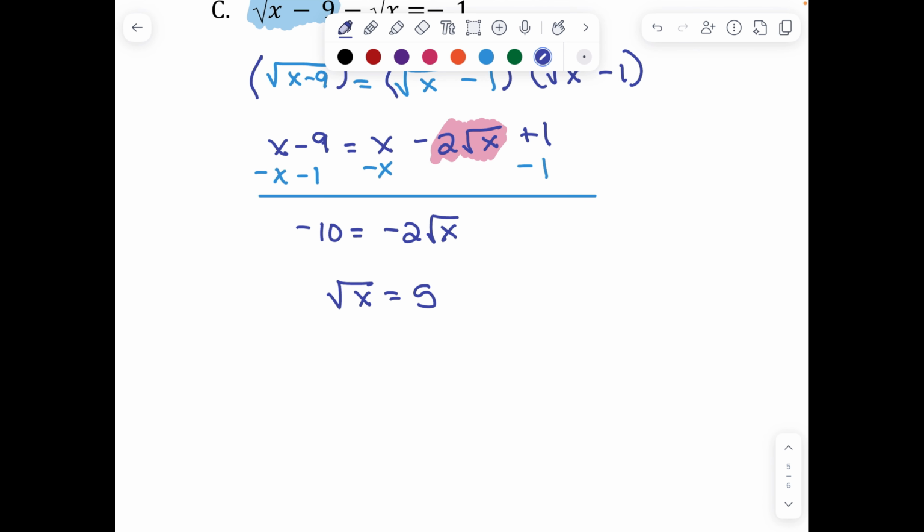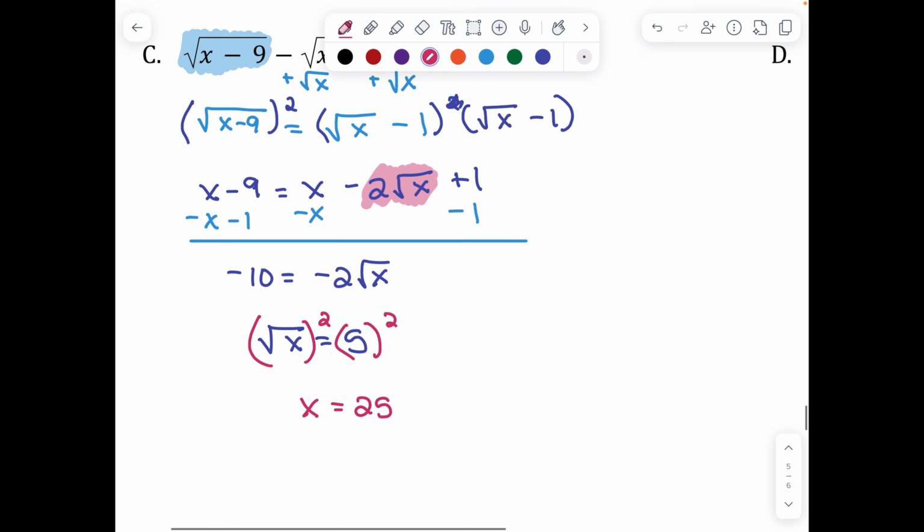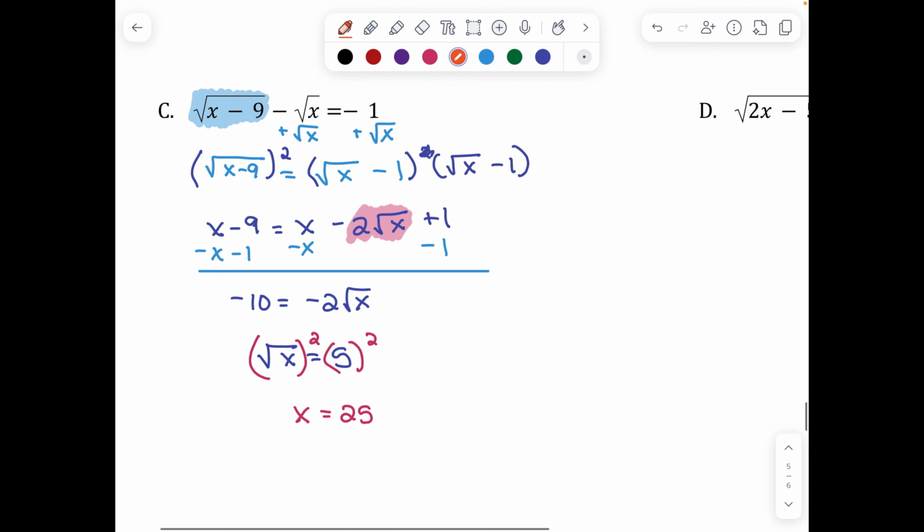Now I'm going to go ahead and square both sides. So I'm left with x is equal to 25. So now let's go ahead and check to make sure that works.